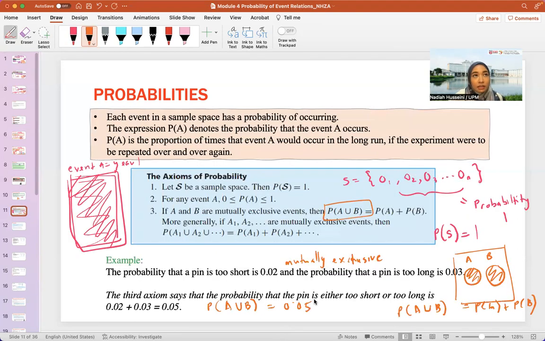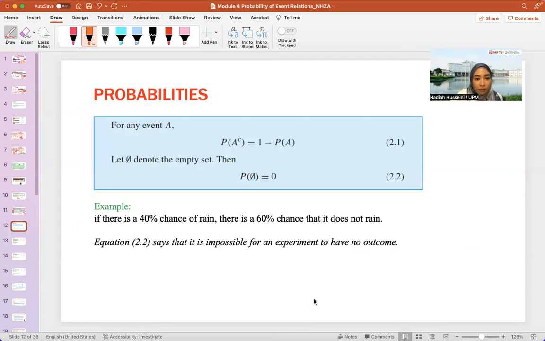Okay, so this is the addition axiom. An axiom is like a rule for math. So for any event A, we're talking about events here, the probability of the complement of A, A complement, is equal to 1 minus P(A). Because again, A complement is not A. The sample space has probability 1.